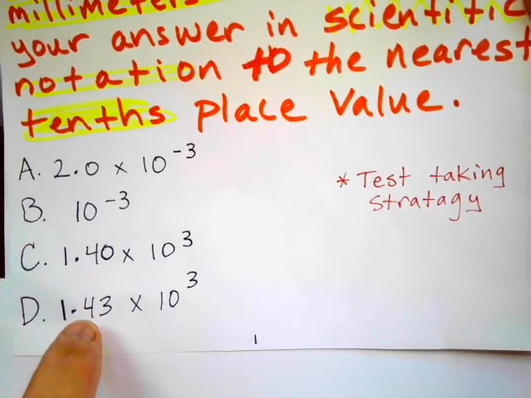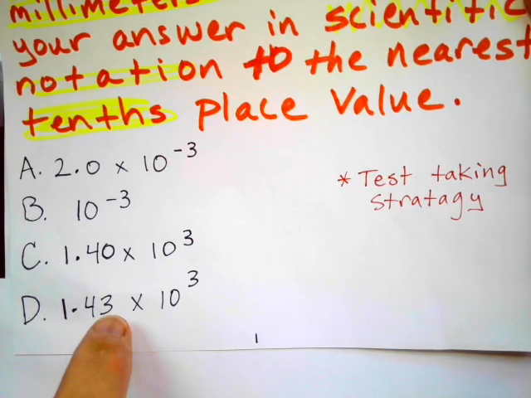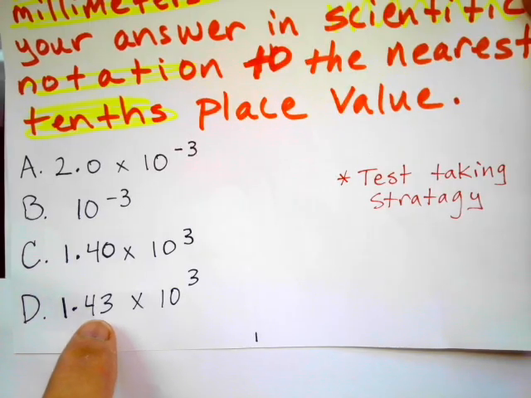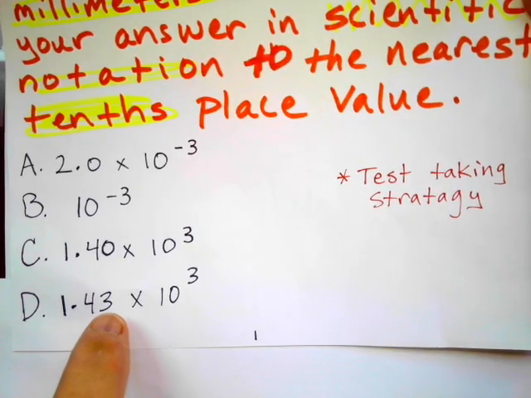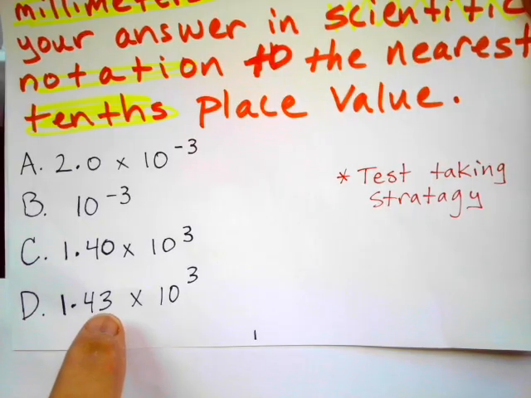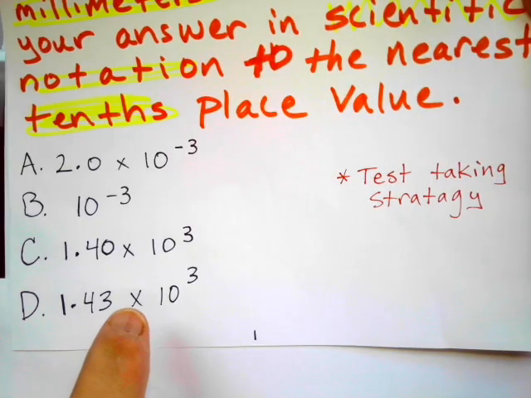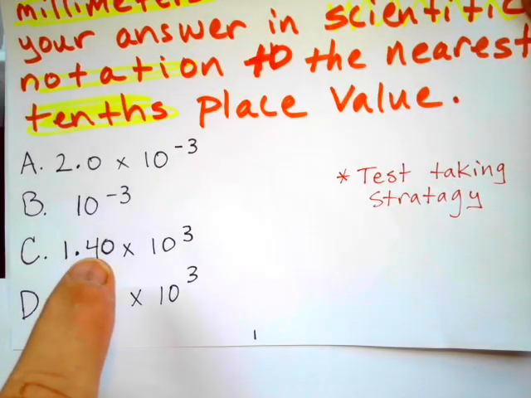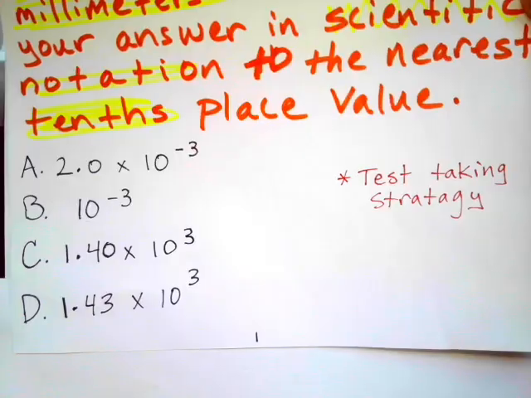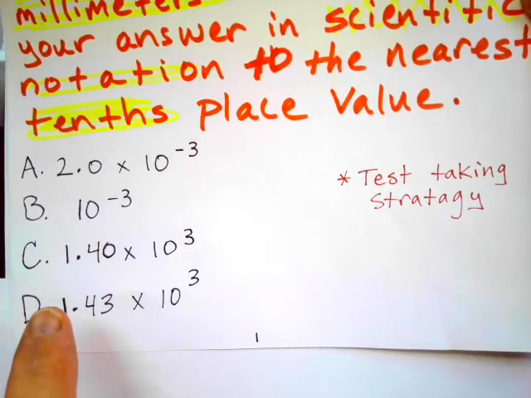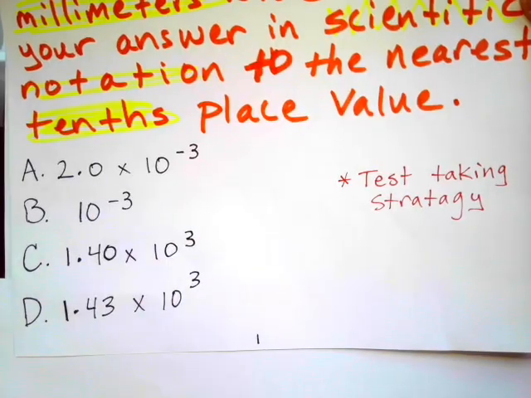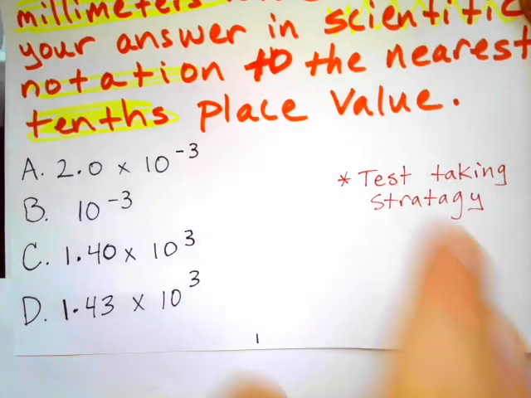Problem D here is showing the hundredths place value with the 3. And if it was going to be rounded, it would have just 1.4 or 1.40, right? And so we would not choose this option. We eliminated D. We eliminated B at the beginning using our test taking strategy. So I just wanted to kind of go over that again.